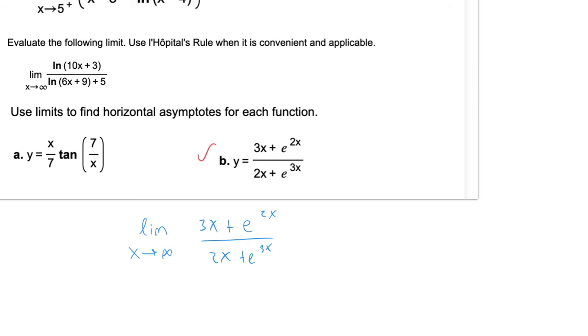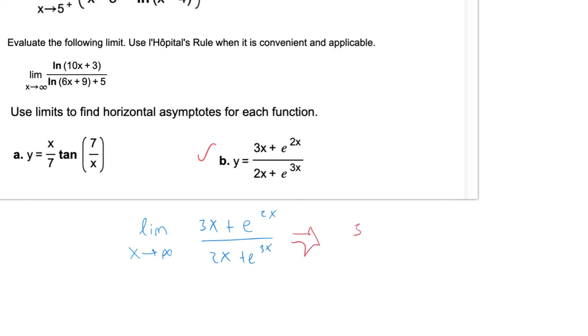Now, I can foresee that there's going to be an issue because every time we take the derivative of the top and bottom, we're just going to end up with an e to the something x power again every single time. And it's going to result in infinity, I think. So let's see.